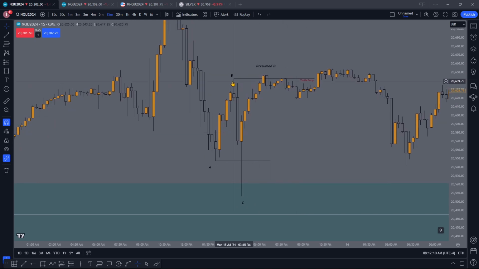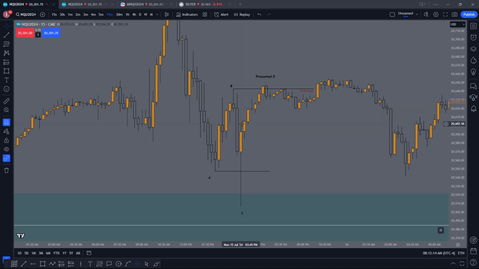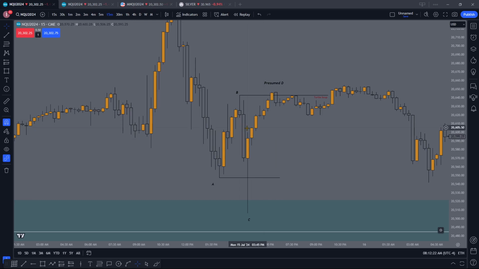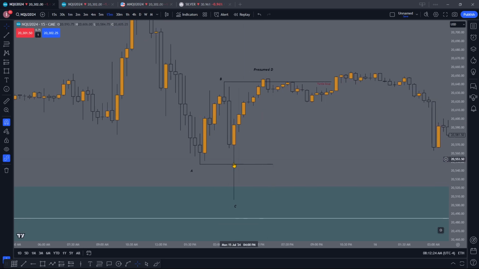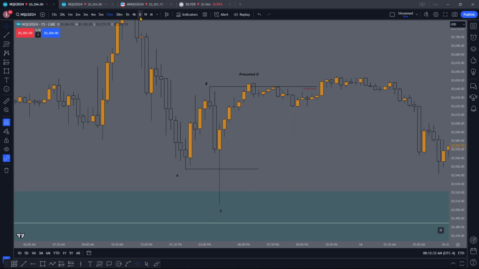The same way that we so urgently moved down here and created this imbalance here, which proves that we are so rushed to move lower that we leave behind this footprint here. And then we sweep its low. This imbalance here was created for what? It wasn't created for no reason. I can tell you that for sure.